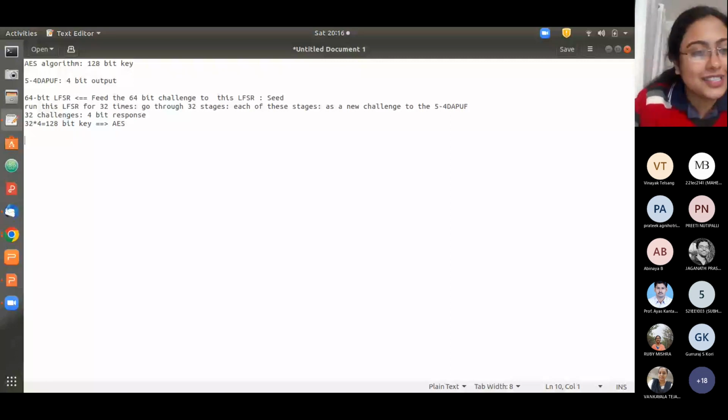Yes, so this is what I am saying. Whether you have a 3-stage RO or a 5-stage RO, your output is always 1 bit, right? So what you can do is add an LFSR in front of the RO. You can give a 64-bit, or sorry, not 64-bit, 3-bit.